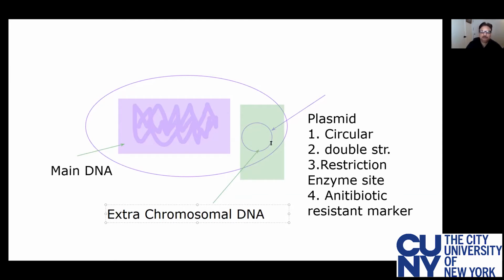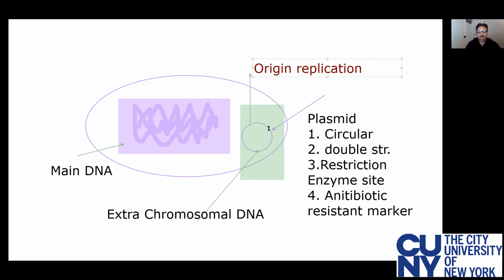It is not important. Now, one thing which is very important is that when the bacteria divides, when the bacteria multiplies, both the main DNA as well as the plasmid DNA replicate, meaning the DNA duplicates, but they do it independently. So another important feature is that plasmid DNA has its own origin of replication.